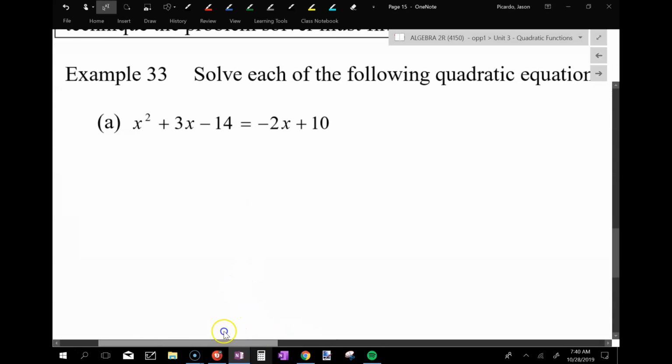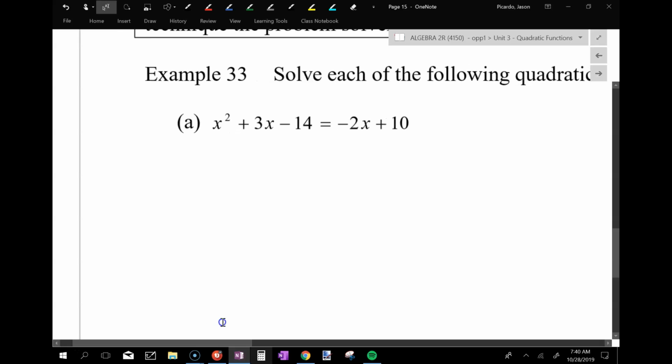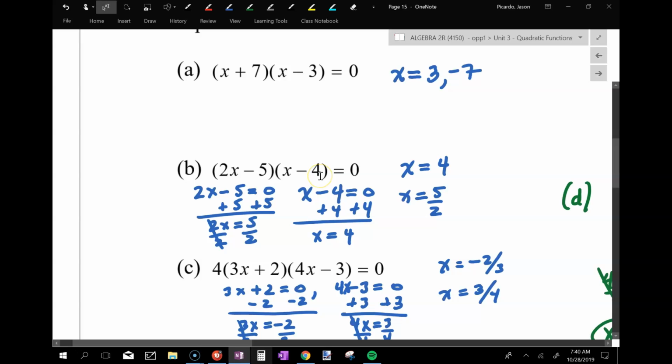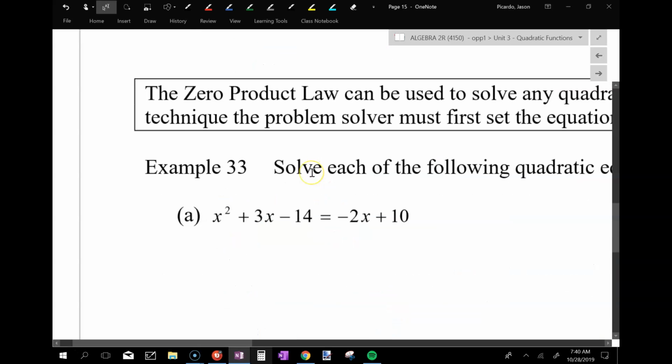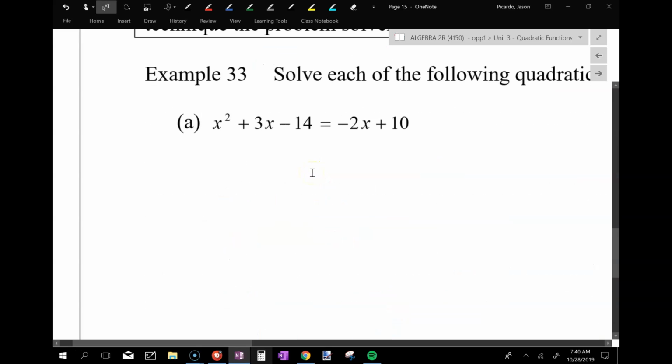All right, let's go down here then. So I want to use the zero product law to solve this, okay? And your first thought should be what? Well, it's not telling me that it's equal to 0, is it? It doesn't say equal 0 like these examples did up here, right? Well, what can I do so I can use the zero product law?